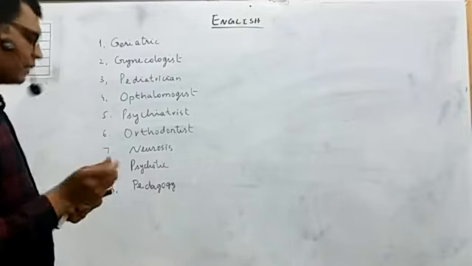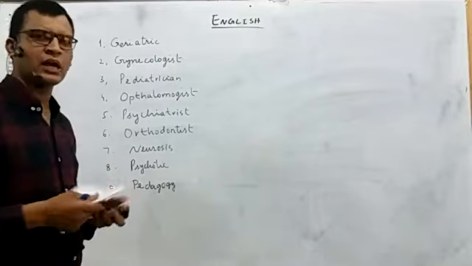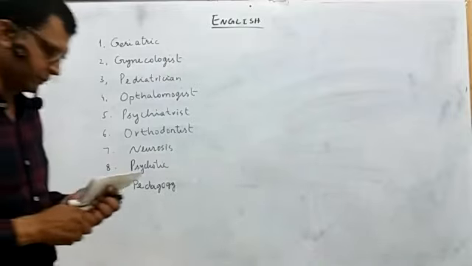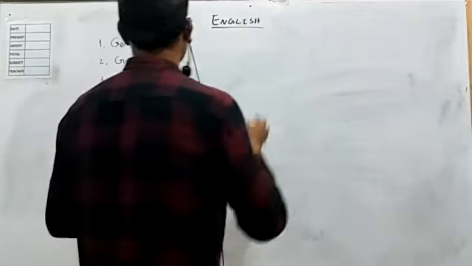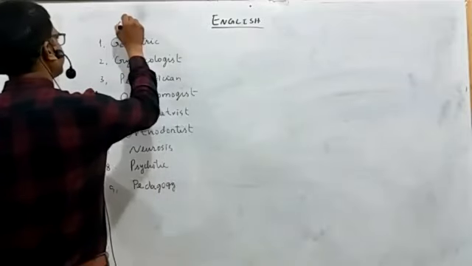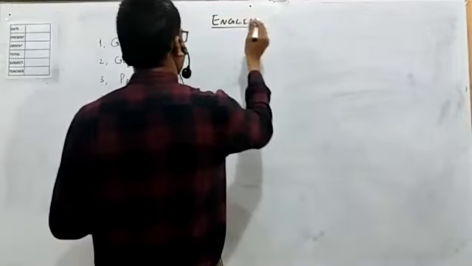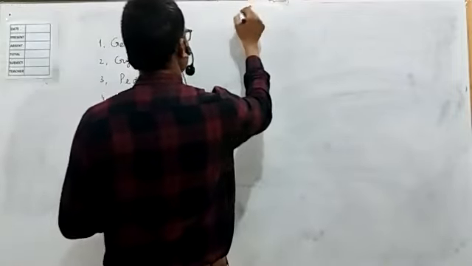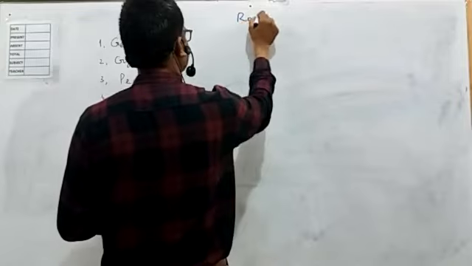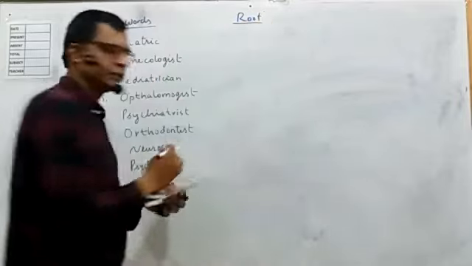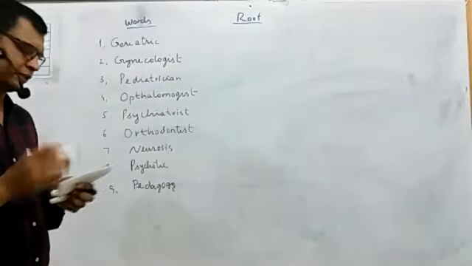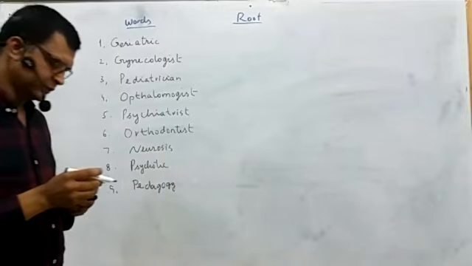Okay, how do we crack these words? How do we understand them? One of the ways is to know the root. Okay, what is the root of each word, for example?